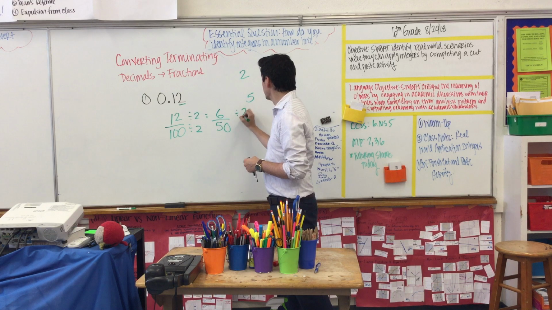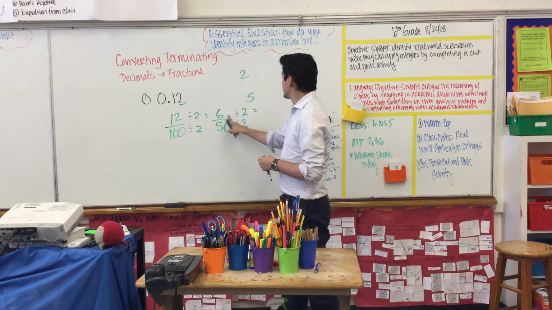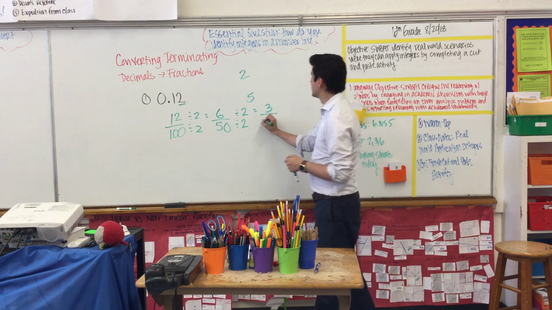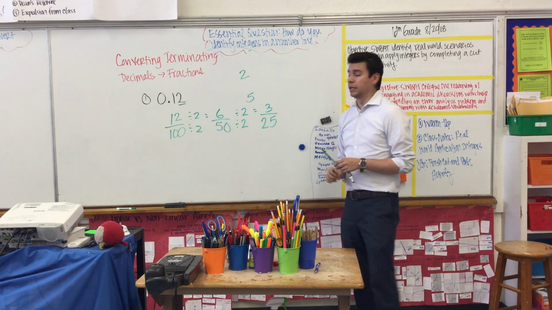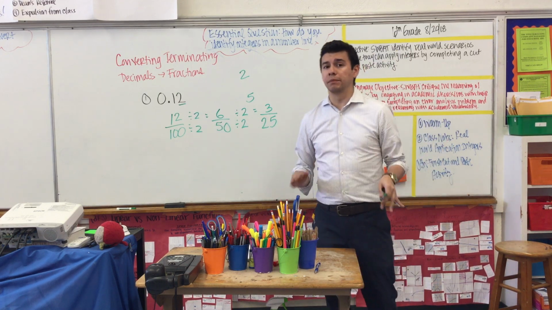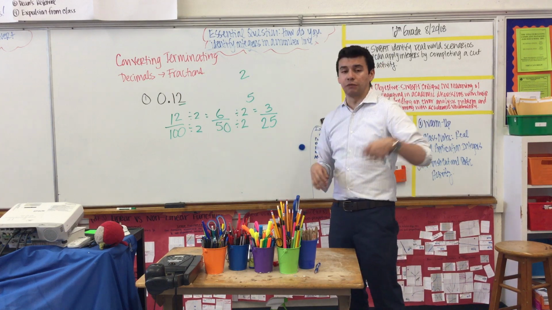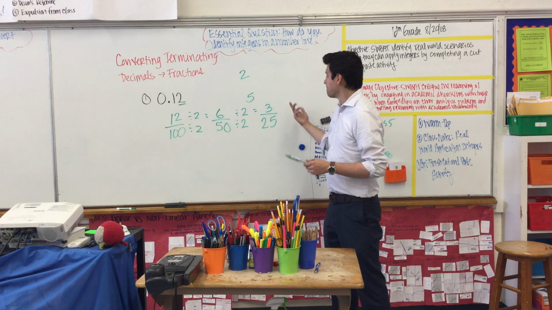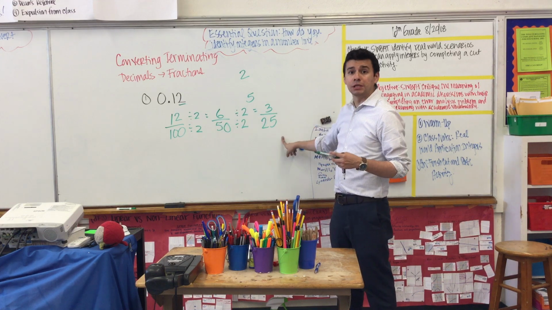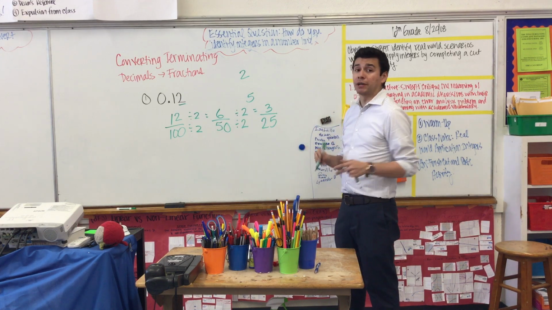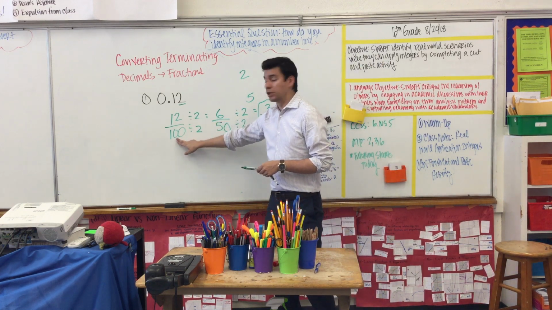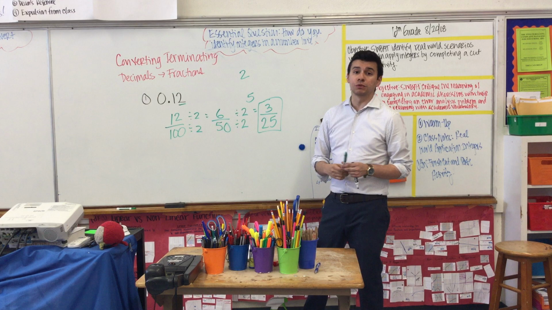So let's divide by 2. 6 divided by 2 is 3, while 50 divided by 2 is 25. Okay? This is just reducing. This is simple elementary school math. Ask yourself again, could I reduce this number by a 2? No. Maybe a 3, but 3 doesn't go into 25. So my final answer is 3/25. So this 12 over 100 could be reduced all the way to 3/25.